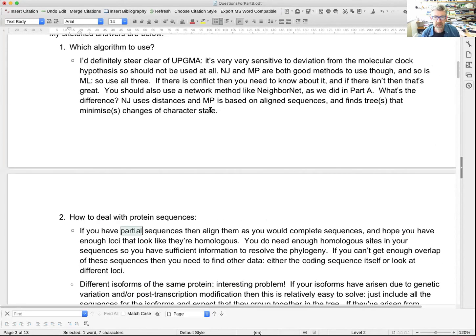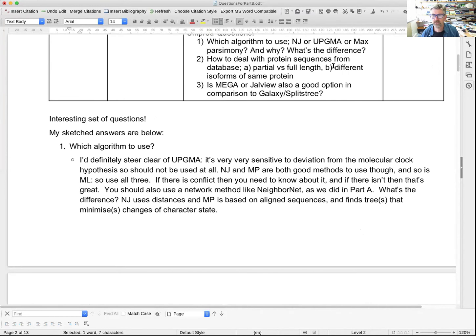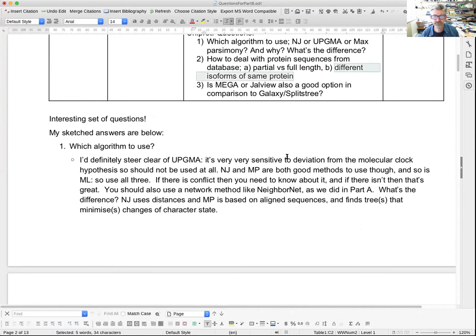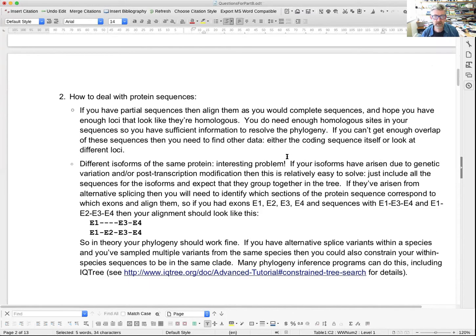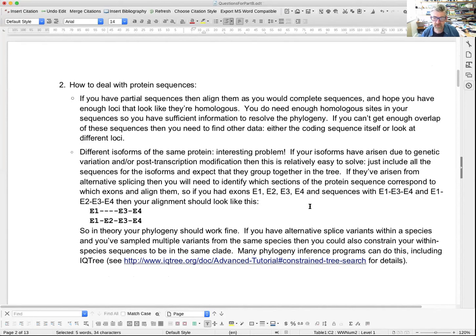The second part of that question, which is about isoforms, so different isoforms of the same protein, is very interesting, and I haven't really thought about it very much. But if your isoforms have come about due to, say, genetic variation and/or modifications after transcription, then that's quite easy.